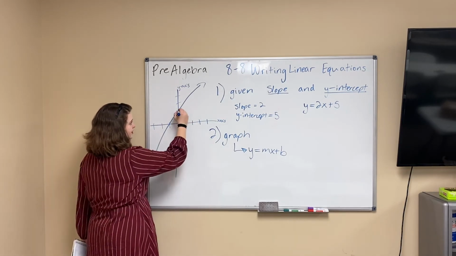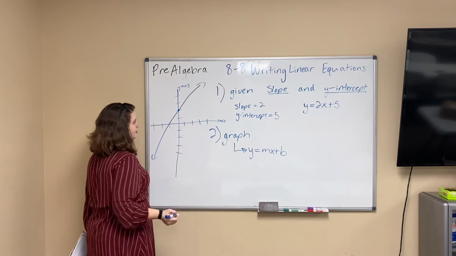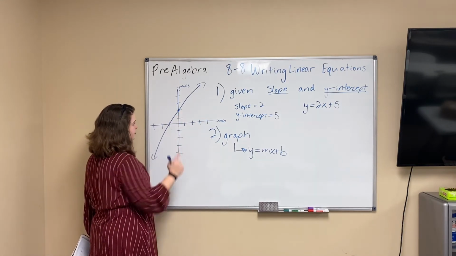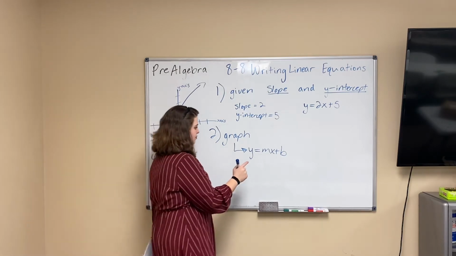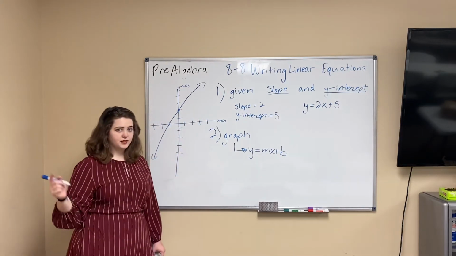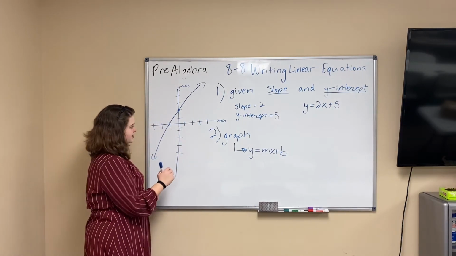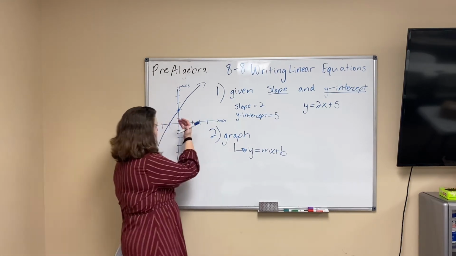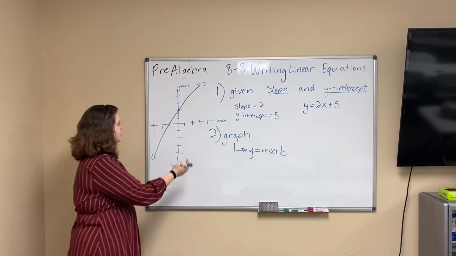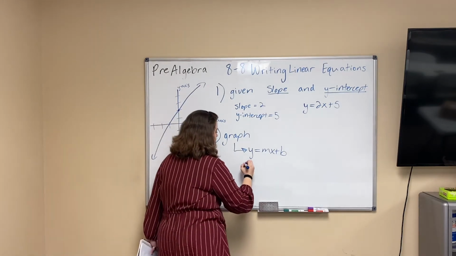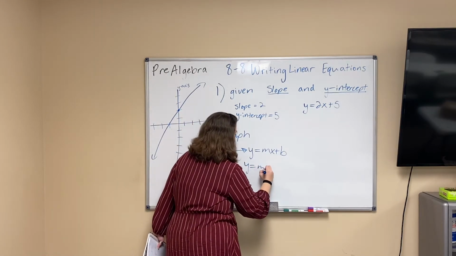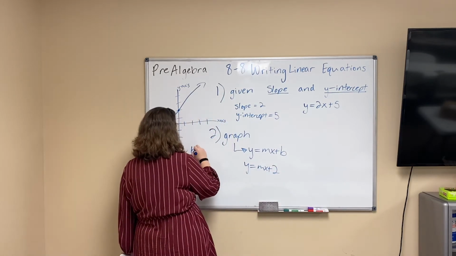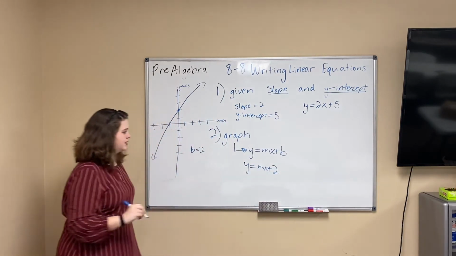I put a point there. And that is at 0, 2. So the y-intercept is going to be 2. Just like we learned yesterday, but now we're doing it backwards. Instead of graphing, we're using the graph to find our equation. So now we have y equals mx plus 2, because we found out that b is 2. Our y-intercept is 2.